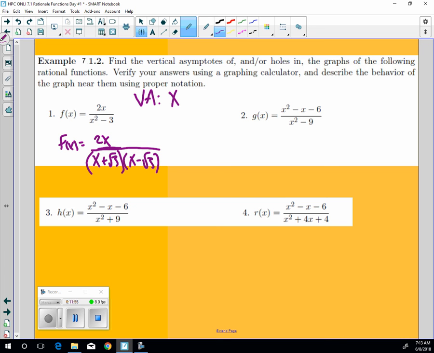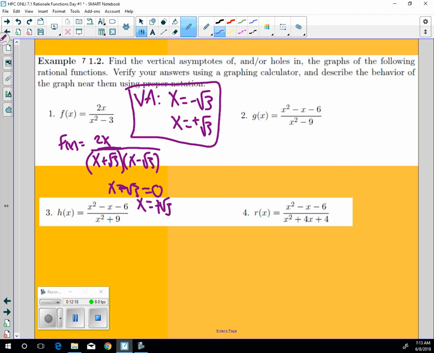One at, and then you just say x plus root of 3 is your factor, set it to 0, x equal negative root of 3. And do the same with the other one, and that'll just be x equal to positive root of 3. These are vertical lines, and those are your vertical asymptotes.